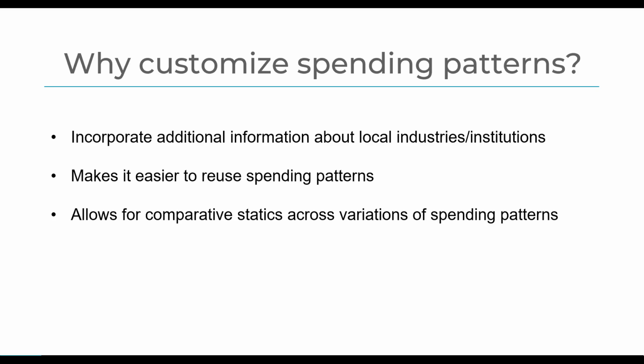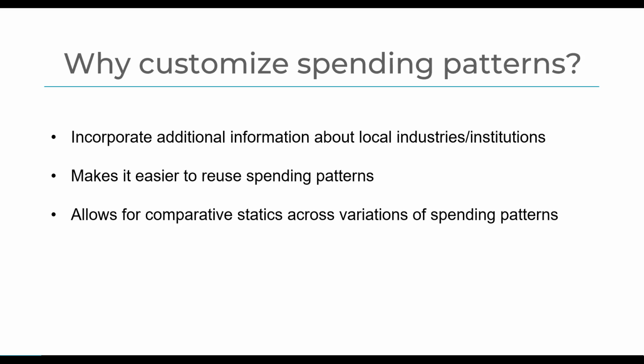Let's say you're looking at a specific regional industry. You're looking at apple production in upstate New York, and you want to use IMPLAN to do that. You can look at our fruit sector, and you can then take that spending pattern and edit it to match the actual expenditures for that apple orchard, the orchard industry.